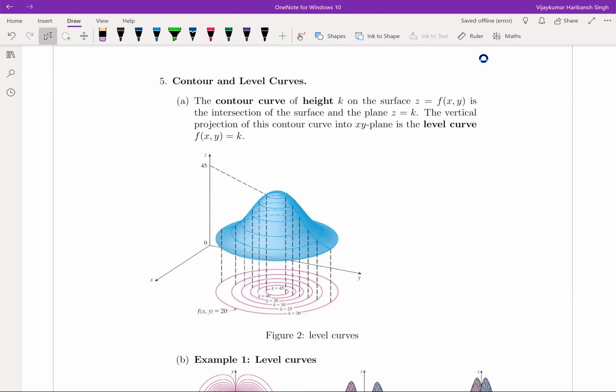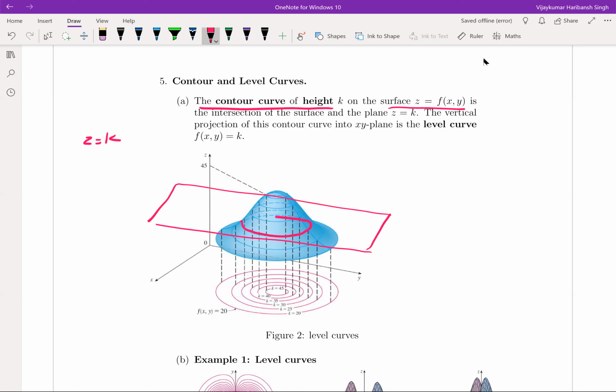So what is a contour curve? A contour curve of height k is essentially this: you take the surface z equals f of x, y, and then you draw the plane z equals k. So for example, if I want a contour curve of a certain height, I'll take a plane and cut it.